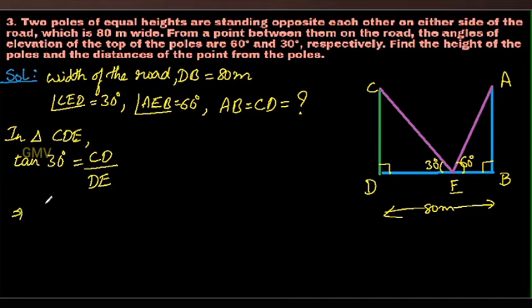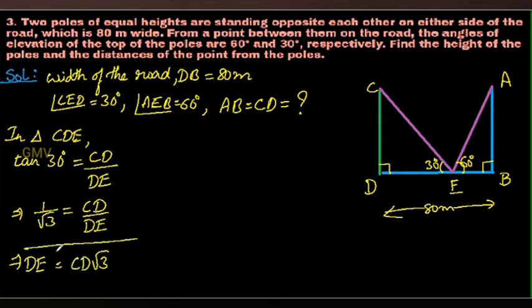It implies tan 30 degree value is 1 by root 3 is equal to CD by DE, as it is, because we don't know DE also. So it implies DE is equal to, if you transpose the DE to LHS, we get CD root 3. So this is the DE value.